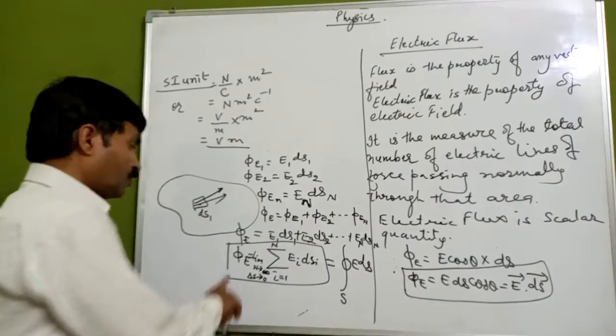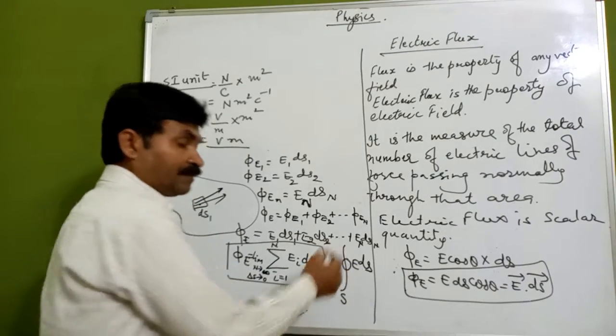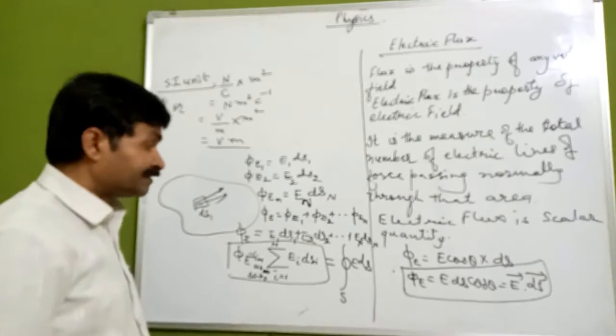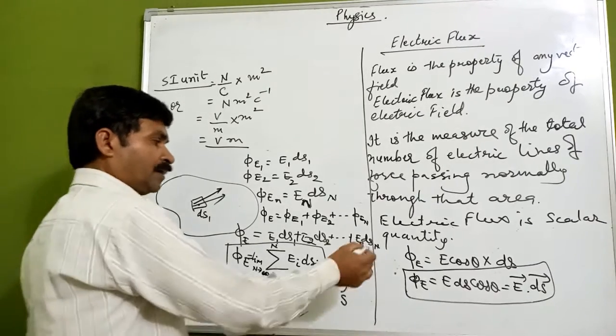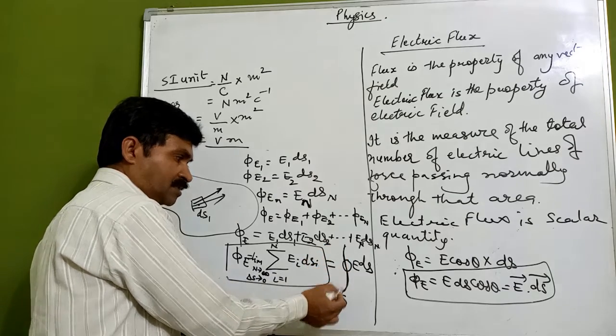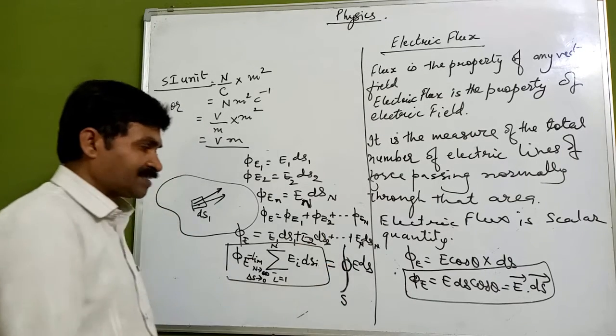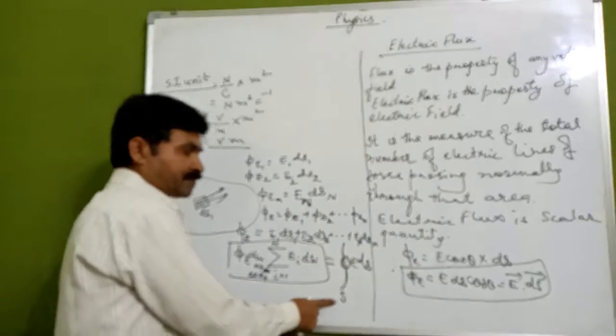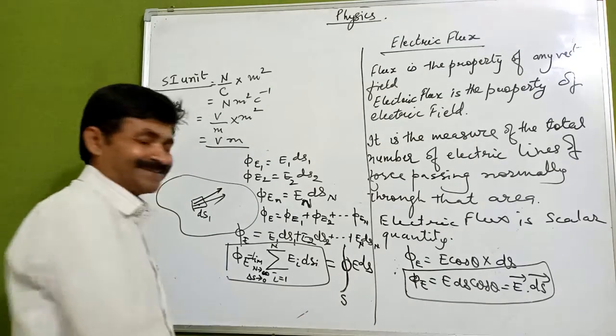So the total flux will be given by the integral of E dS over the closed surface area. This is the sign of closed integration over the surface area S, E dS.